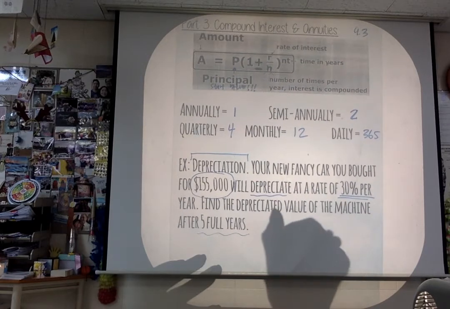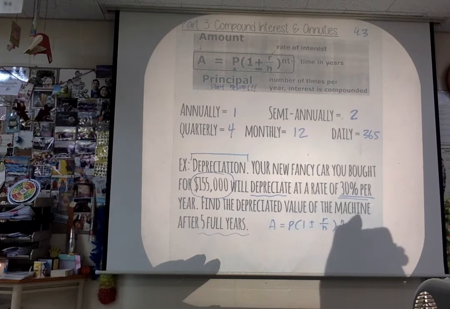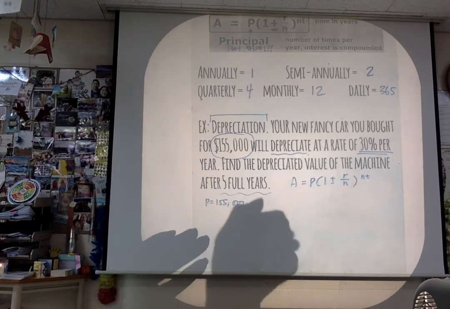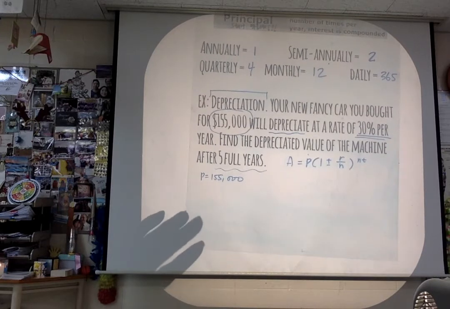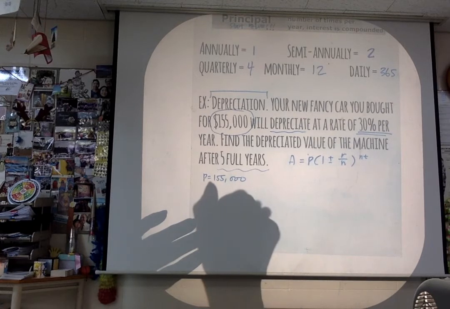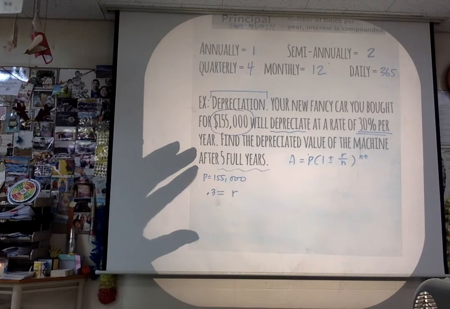Okay, so we're going to somehow use this formula. Now, what's the P? It's $155,000, right? So that's how much we started the car at, okay? Now, always 1, so what's the rate that it's decreasing? 30%, right? So, I'll put 0.3 equals rate, okay?